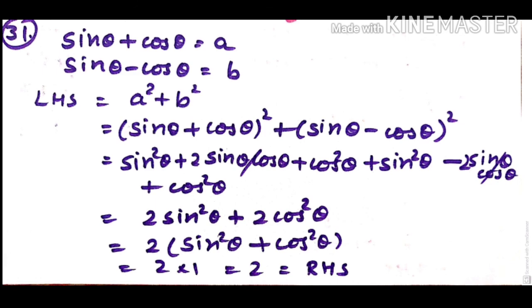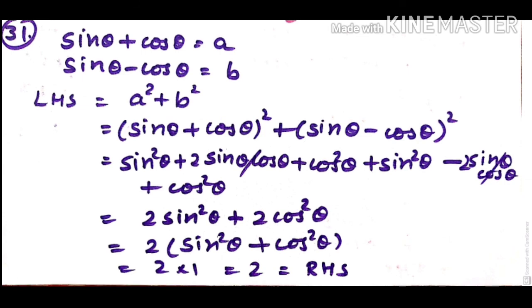Now you check that in the whole expansion plus 2 sin theta cos theta and minus 2 sin theta cos theta get cancelled. So we have 2 sin square theta and 2 cos square theta. So I write here 2 sin square theta plus 2 cos square theta. Now in the next step, taking 2 common, I get in the bracket sin square theta plus cos square theta.